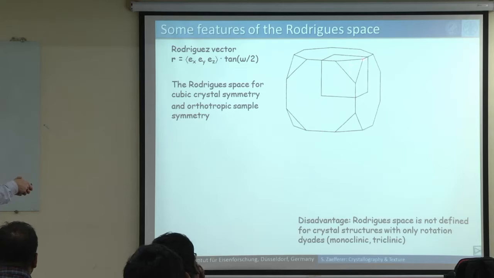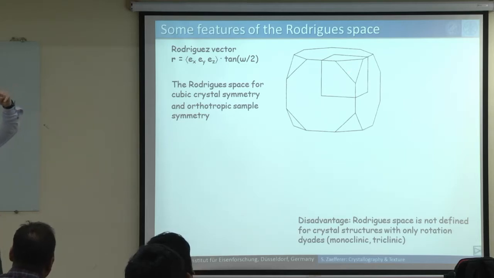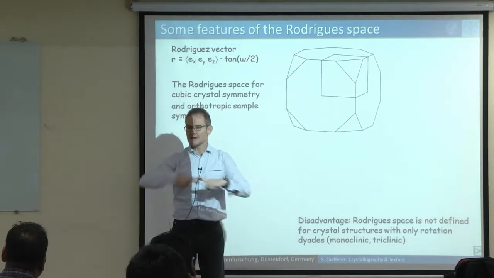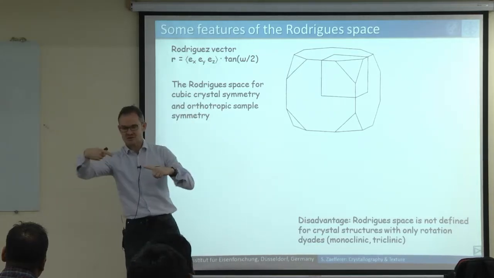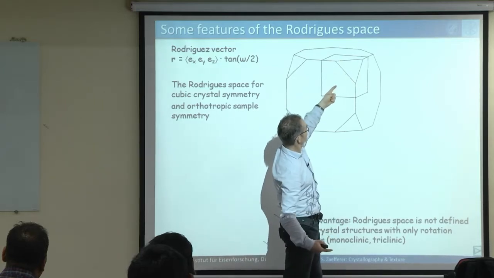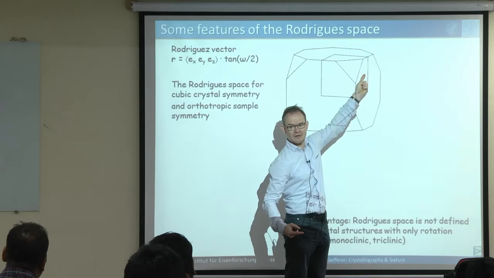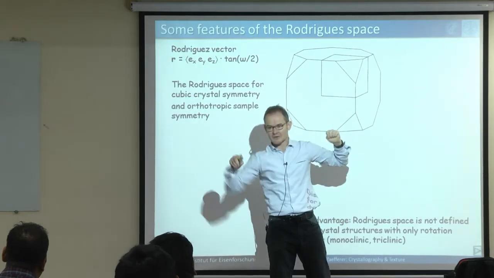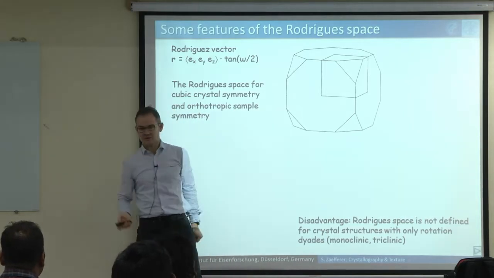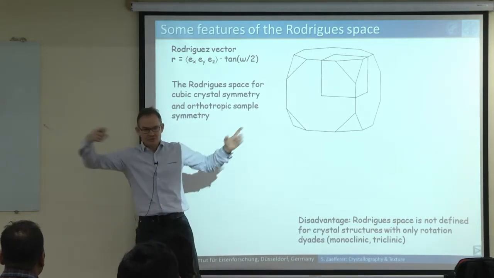So in the direction 1, 1, 1, it cannot rotate more than 63 degrees, then it will jump into the next orientation. That's why these corners are cut off, because as soon as the angle reaches 63 degrees, tangent of 63 degrees half, it will jump to the opposite corner. There will be a symmetric or equivalent orientation coming up, being smaller in angle.